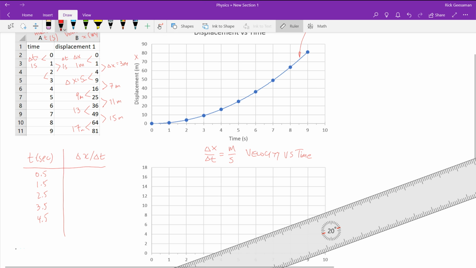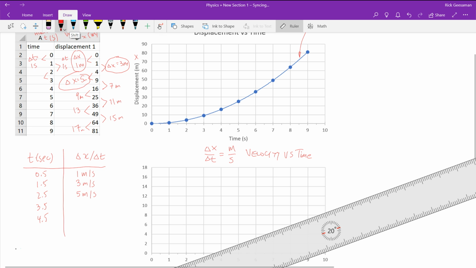At t equals 0.5 seconds, our slope is delta x is 1 meter, and delta t is always 1 second, so it's 1 meter per second. Our second interval at t equals 1.5 seconds, 3 meters per second. Our third interval at 3.5 seconds, 5 meters per second, always because delta t is always 1 second. Keep in mind that's not always the case, just for this one.